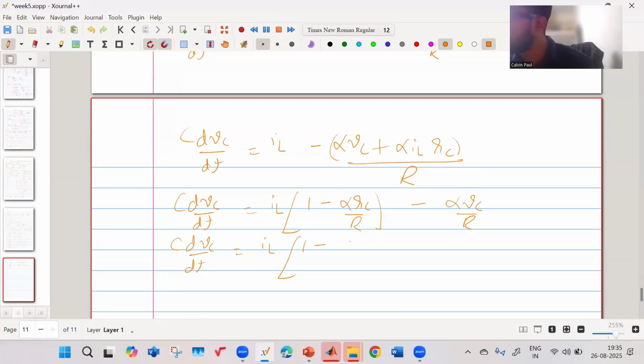Alpha is R upon R plus RC into RC by R minus alpha VC upon R. So this R and R get cancelled.